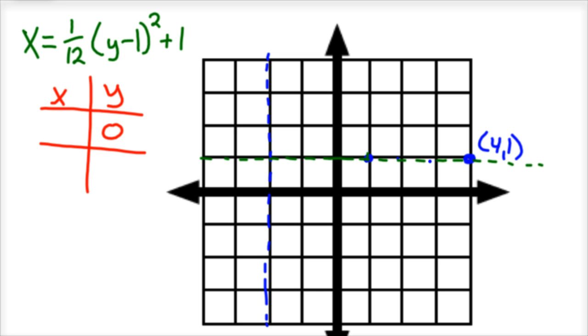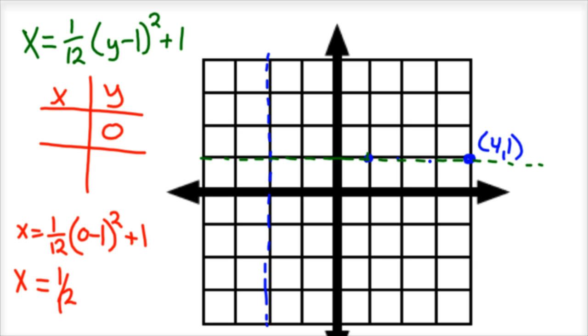And just to show my work here, we'd have x equals 1/12 times (0 minus 1) squared plus 1. And so x equals 1/12 plus 1. So it looks like 1 and 1/12.